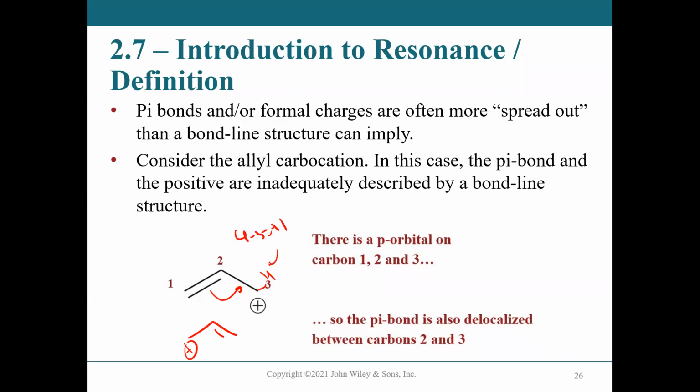That's how you get the plus right here. So we'll draw that. Now there's a positive charge. Now we shifted it because when you put the bond right here, we'll have 4 minus 4 equals 0.